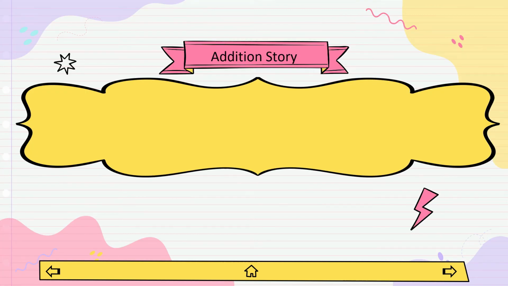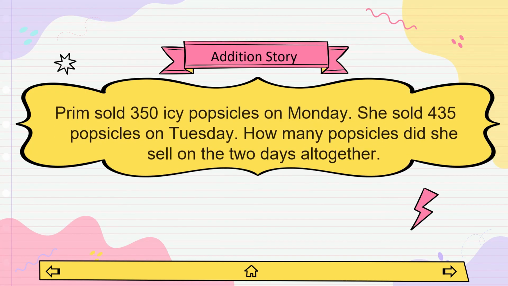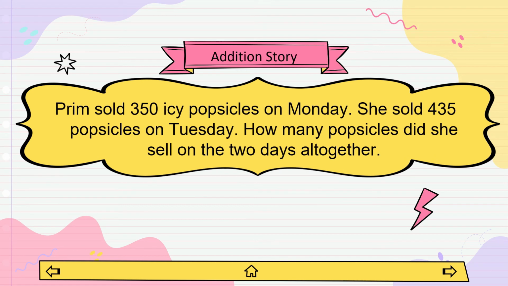So for the addition story, we can put the story and the question all together. Pim sold 350 icy popsicles on Monday. She sold 435 icy popsicles on Tuesday. How many popsicles did she sell on the 2 days altogether?